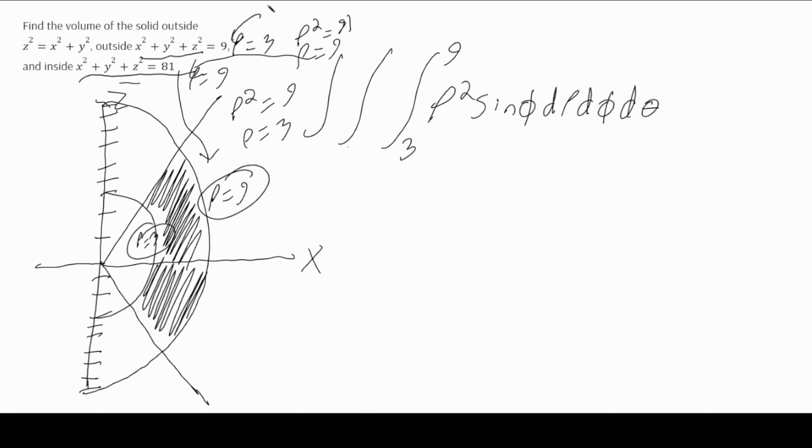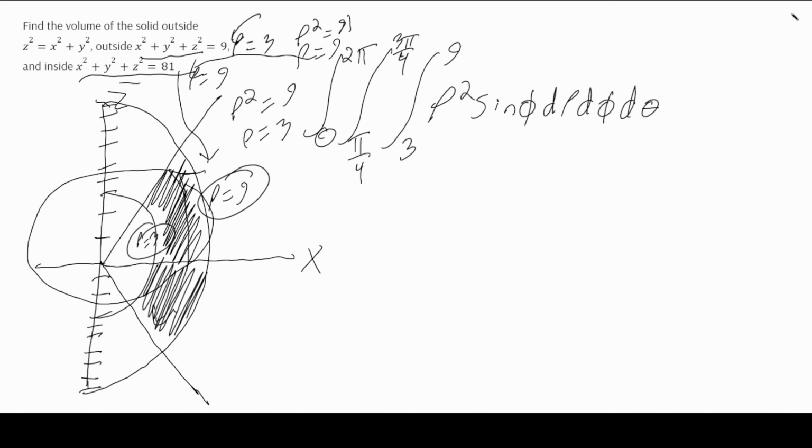So phi goes from pi over 4, and if you look at the unit circle, across to 3 pi over 4. Now d theta is always just going to be from 0 to 2 pi because we're finding the volume across the entire thing, in a 360 manner.